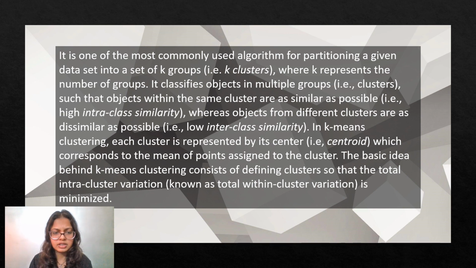In k-means clustering, each cluster is represented by its center, that is, centroid, which corresponds to the mean of points assigned to the cluster. The basic idea behind k-means clustering consists of defining clusters so that the total intra-cluster variation, known as total within-cluster variation, is minimized.